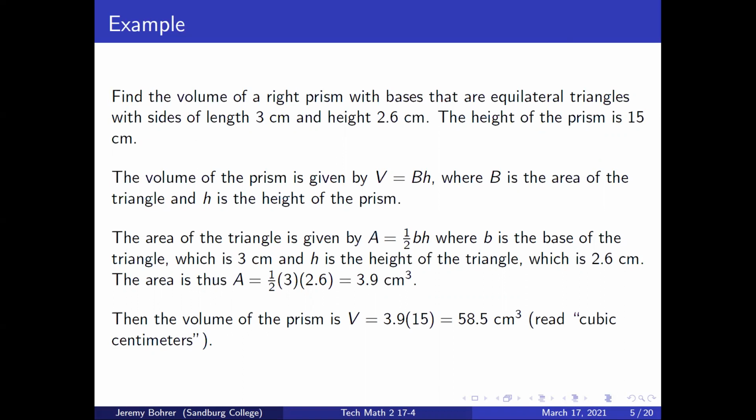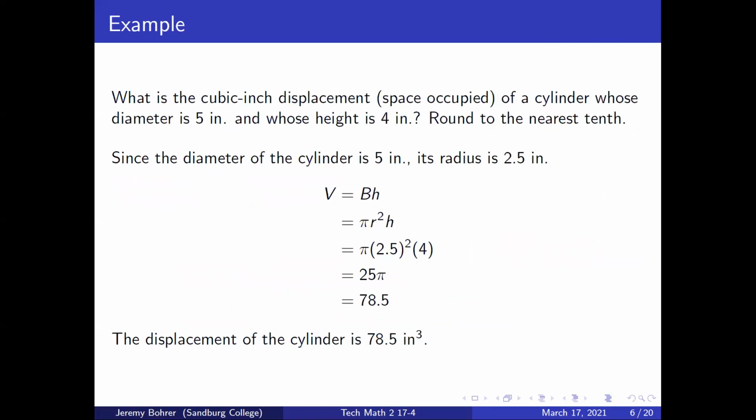The area of the triangle is given by A equals 1/2 bh, where lowercase b is the base of the triangle, which is 3 centimeters, and h is the height of the triangle, which is 2.6 centimeters. The area is thus 1/2 times 3 times 2.6, which is equal to 3.9 centimeters squared. Then the volume of the prism is V equals 3.9 times 15, which is 58.5 cubic centimeters.